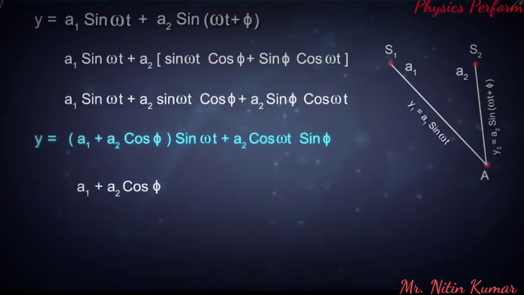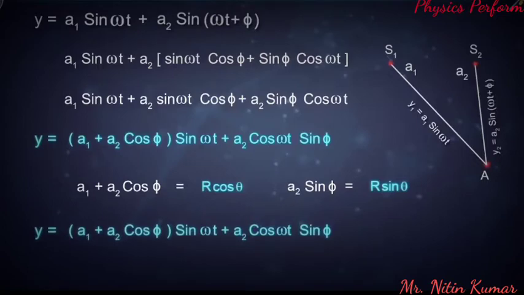Now let us take A1 + A2 cos φ as R cos θ and A2 sin φ as R sin θ. If we substitute these values, we get y = R cos θ sin ωt + R sin θ cos ωt.